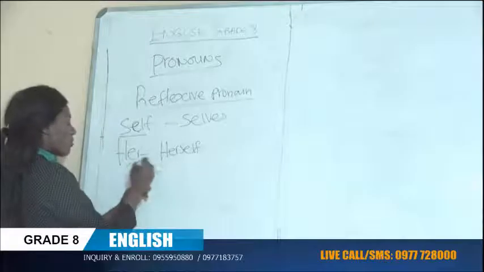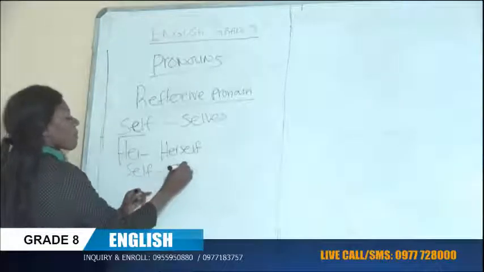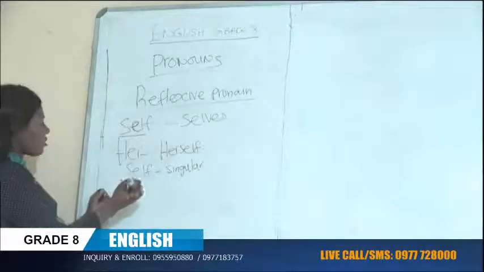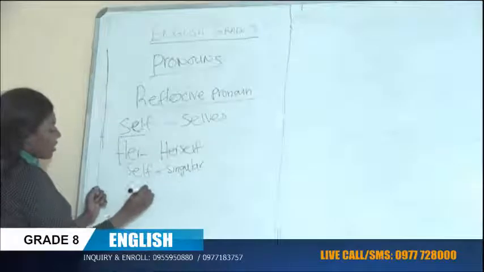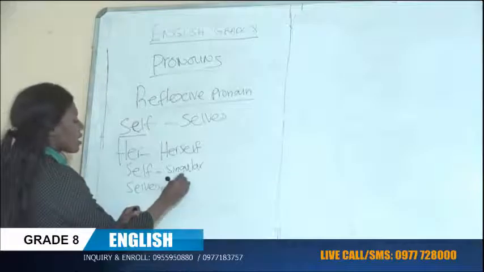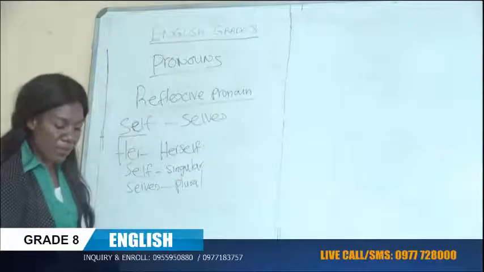So the usage of self is used to describe a singular, one. So when you use selves, it means you're talking about more than one. So this one becomes the plural. Are we together?